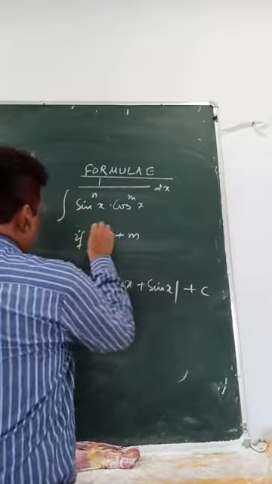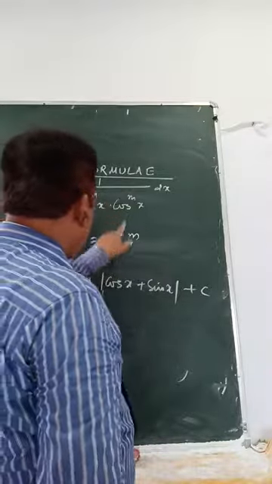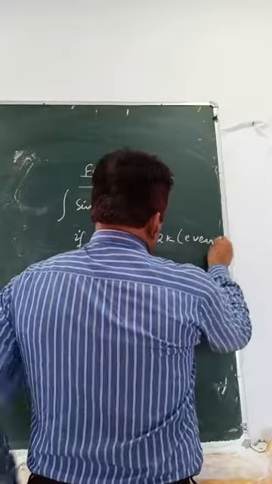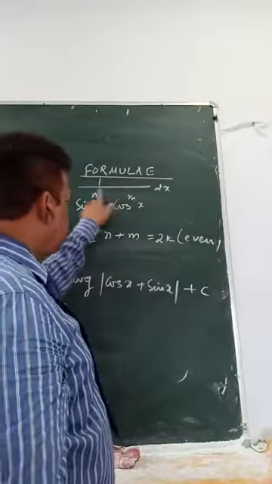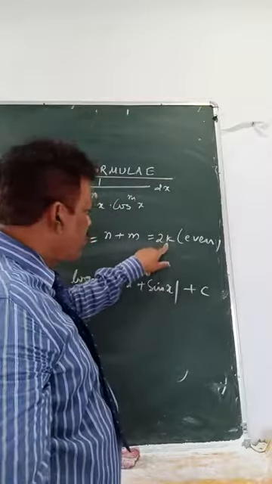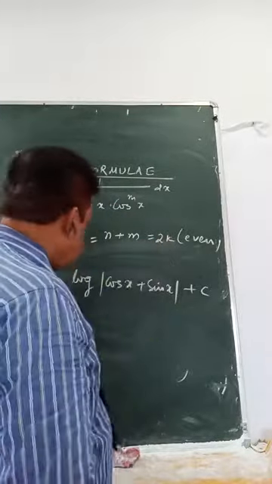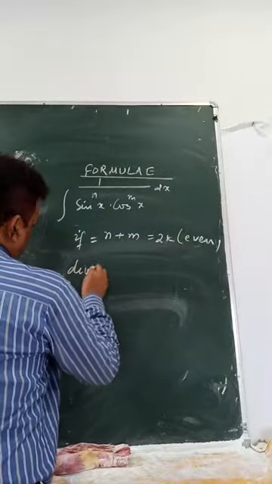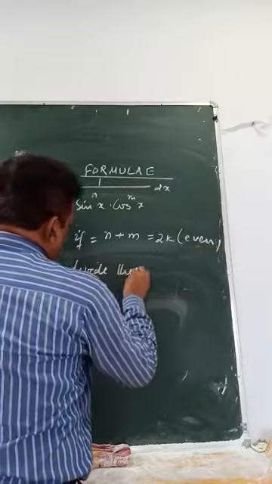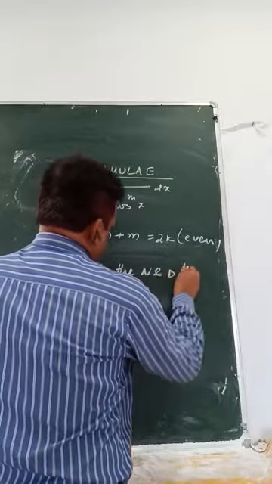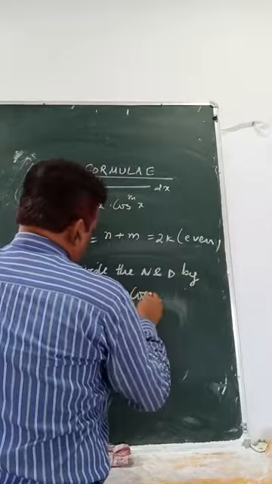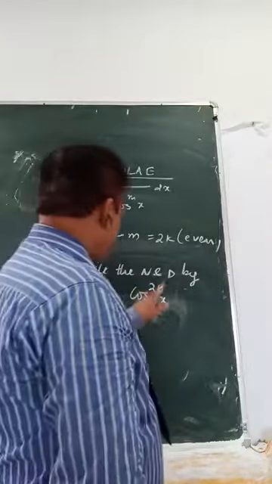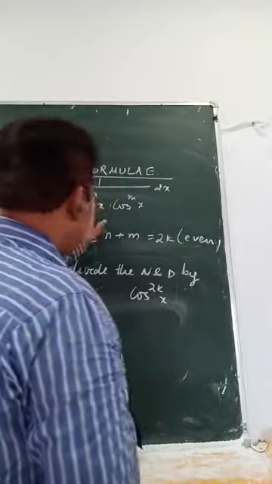If n plus m is 2k, it should be an even number, meaning when you add these two powers it should be 4, or 2, or 6, that is, even. Then divide the numerator and denominator by cos^2k x. Whatever power of cos comes here, you divide numerator and denominator by it.